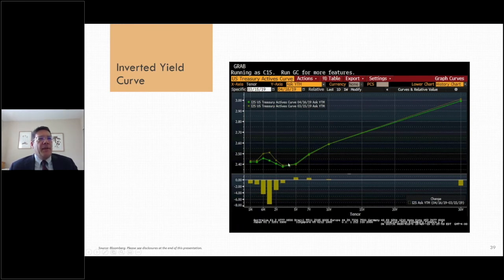Even out to here, they might come down eventually because the Fed might lower interest rates and inflation might not be as strong as anyone thought, and the economy might not grow as fast. So there's going to need to be some level of stimulus, and you might see lower rates. So what do investors do? They buy longer maturity securities, and when they purchase those securities, it drives their prices up, which in turn drives their yields down, thus the inversion.